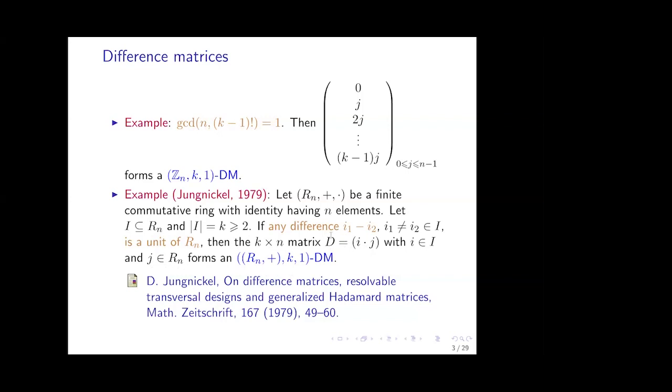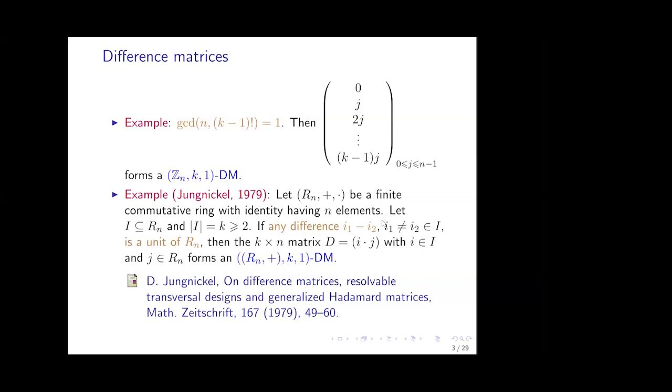Akademgorodok first introduced the terminology difference matrix, but actually this concept appeared earlier. I will mention its history later. Here, I just want to emphasize one thing. Akademgorodok introduced this concept with the purpose of constructing a special kind of design named transversal design.